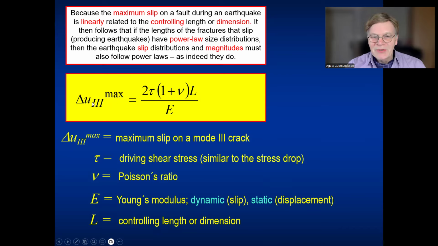There's a linear relationship between the slip in the earthquake and the dimension of the fracture that is causing the earthquake.